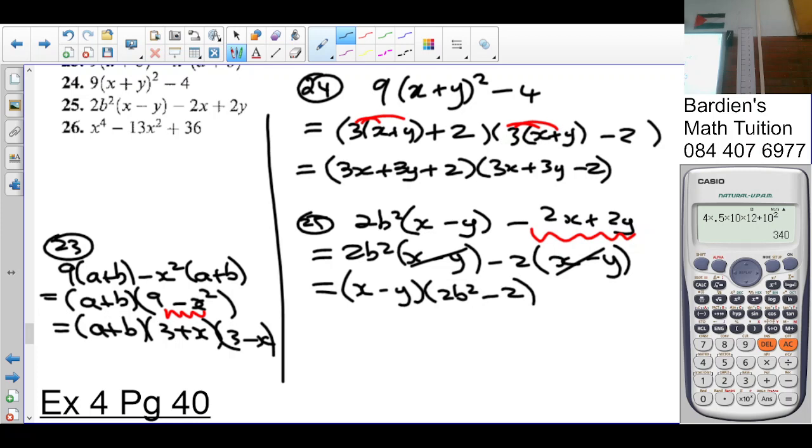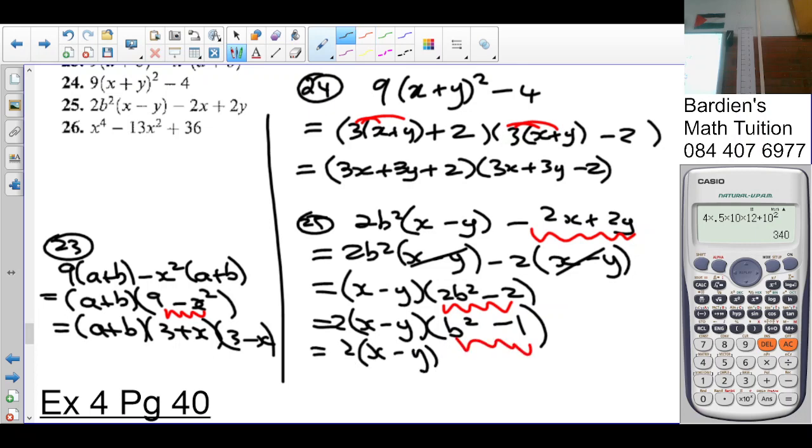No. 2 is a common factor in the second bracket, so I'm left with 2 into x minus y, b squared minus 1. Do I stop there? No. Why? Difference of two squares in the second bracket. It gives us 2 into x minus y, b plus 1, b minus 1. Do we stop there? Yes, that's the answer.